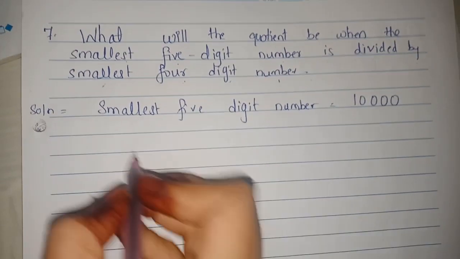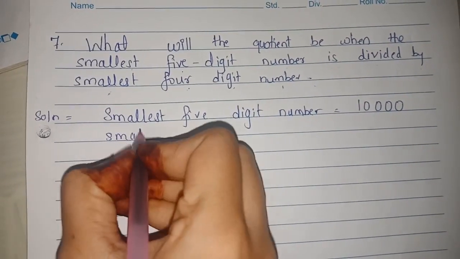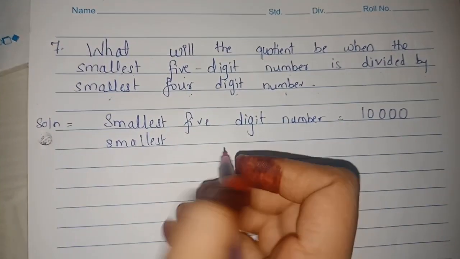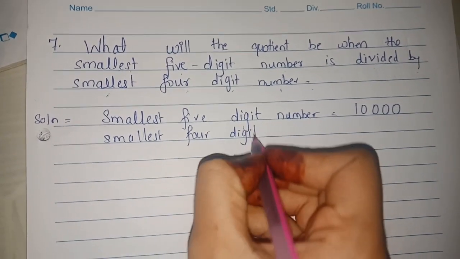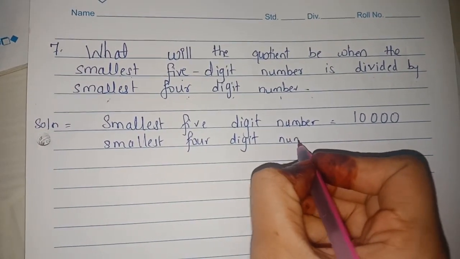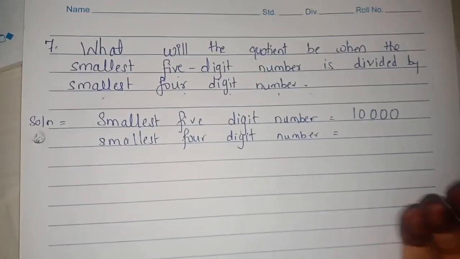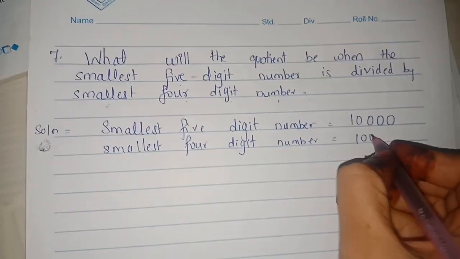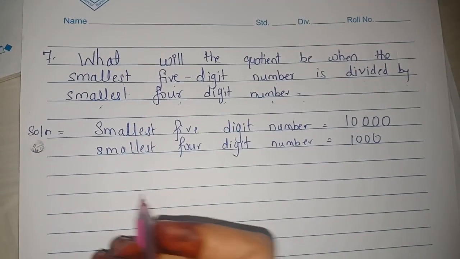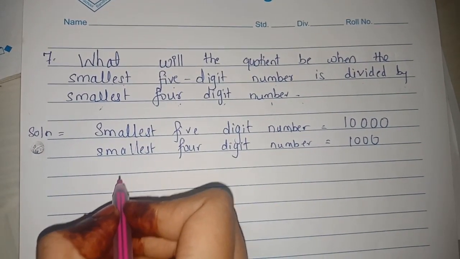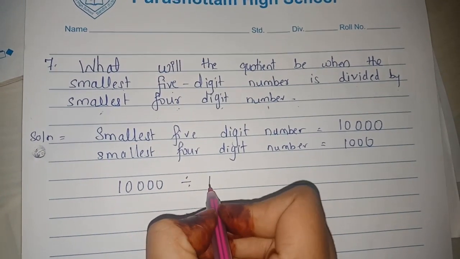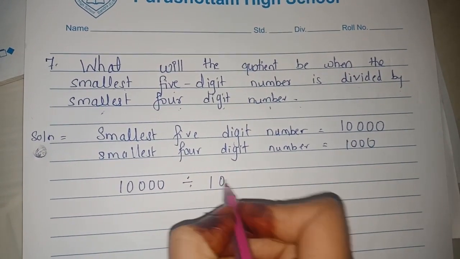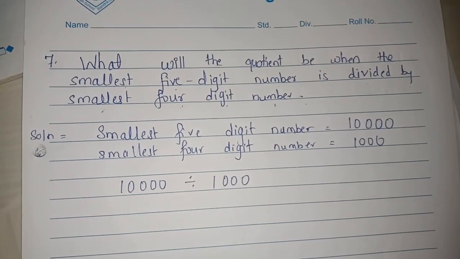Okay, and smallest 4-digit number is 1000. Okay, so we will divide 10,000 by 1000.